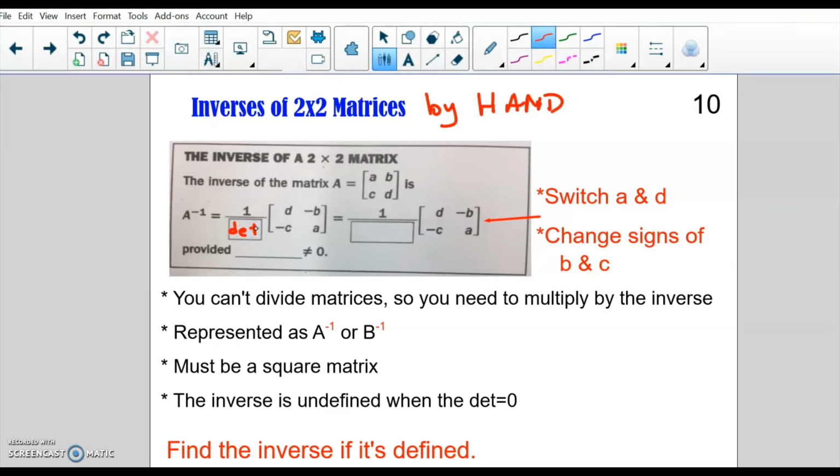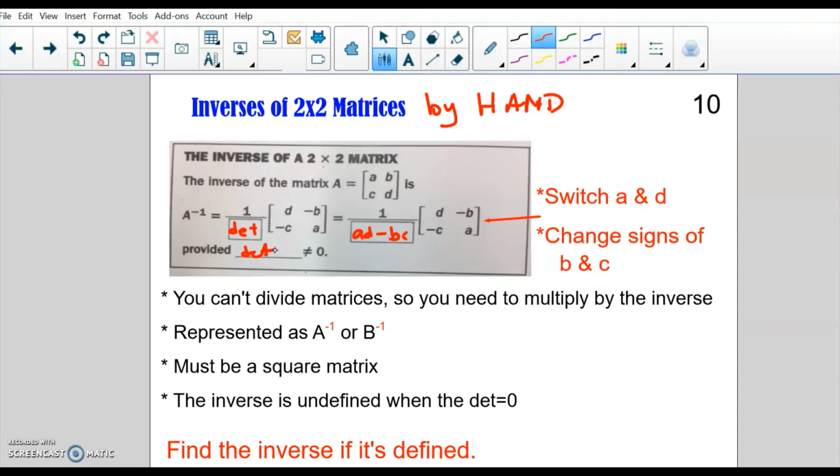The determinant can also be written as AD minus BC. Miss Blankenbeckler should have covered that with you in yesterday's video. This is also to say that the determinant cannot be 0. In other words, you can't have a 0 in the denominator, so therefore the determinant can't be 0.